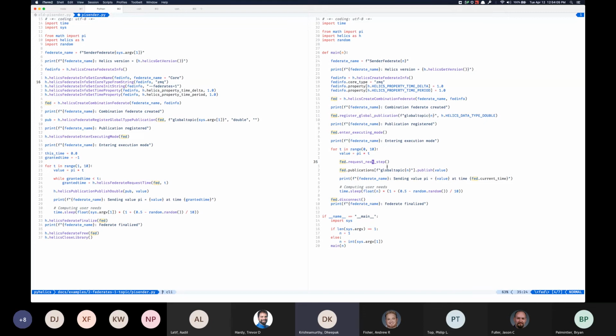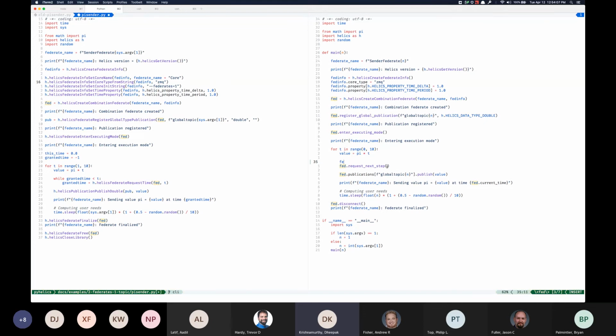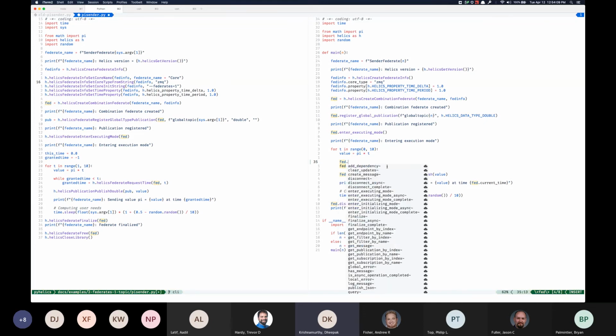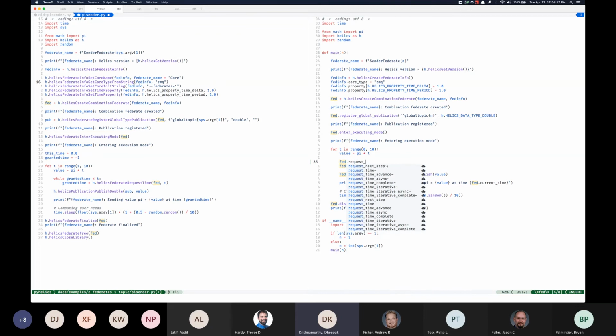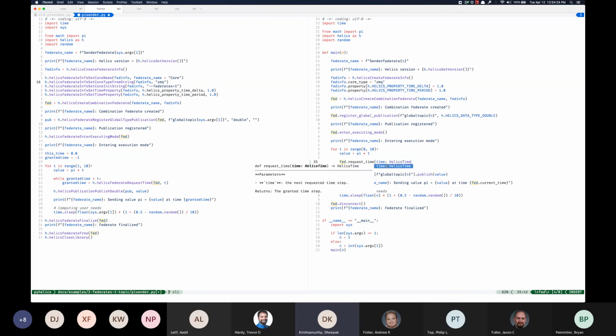The other thing that we have now in the Python 3 Helix interface is types. Let's say you did something like request time. If you have autocomplete set up in your code editor, it'll usually show you what the type is of the argument.